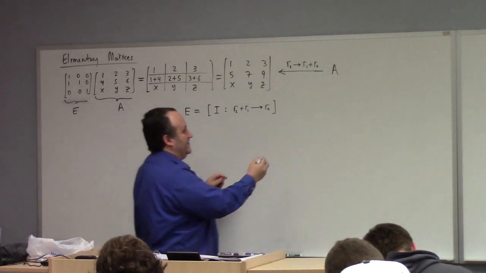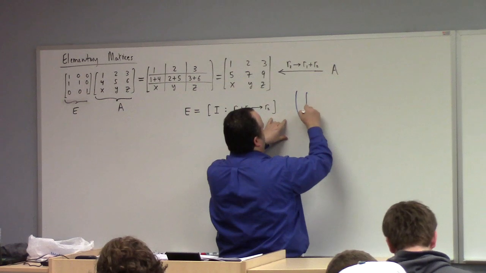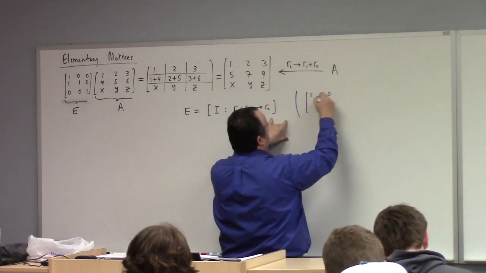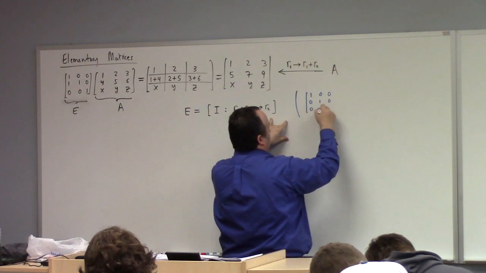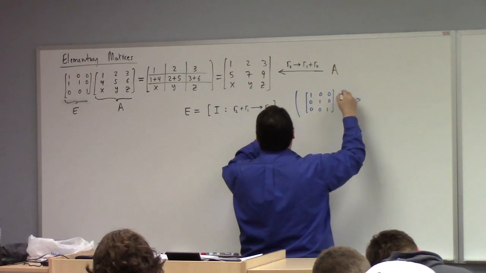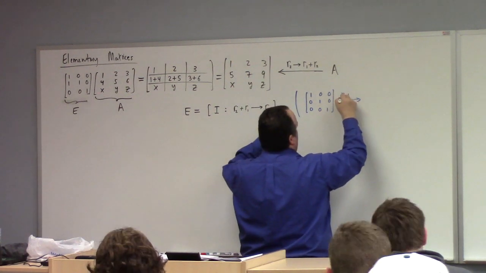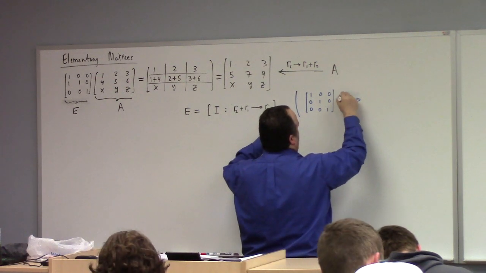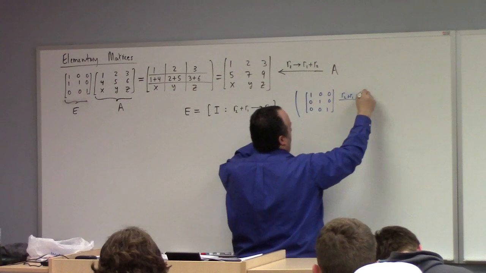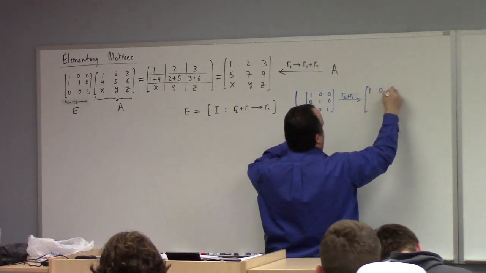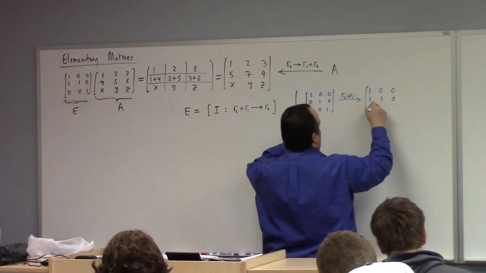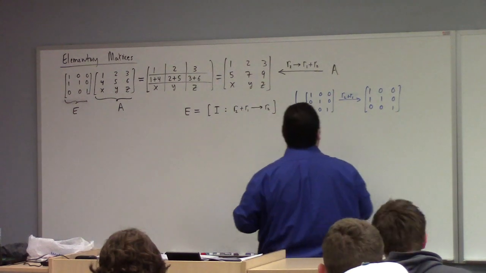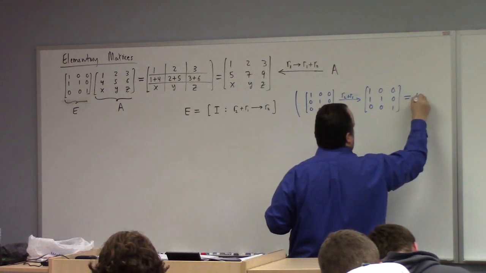Let me do that explicitly here. So I start with 1, 0, 0, 0, 1, 0, 0, 0, 1. I do the row operation, row 2 plus row 1, and that gets me to, all right, and that's the E I just talked about.